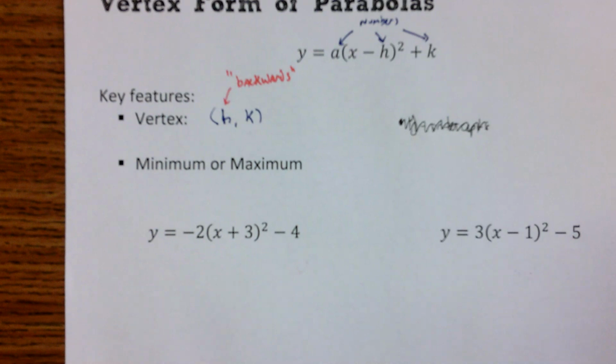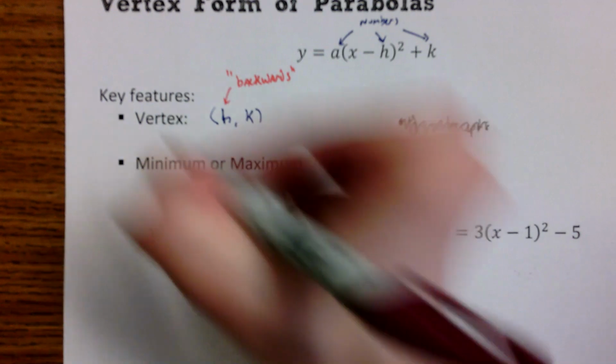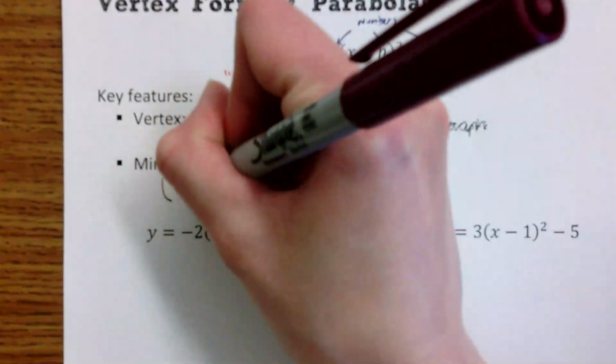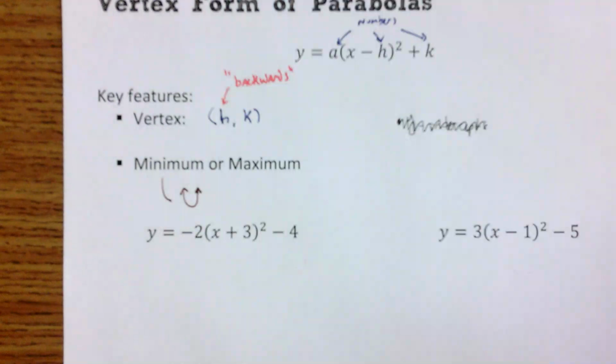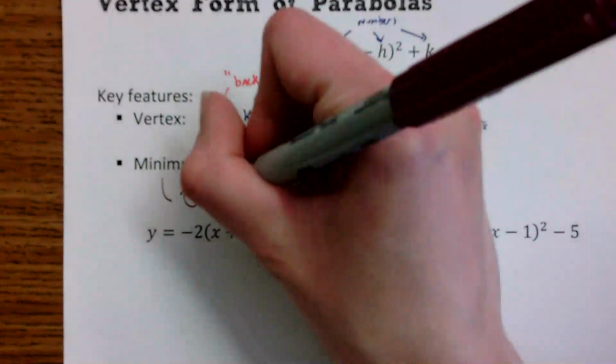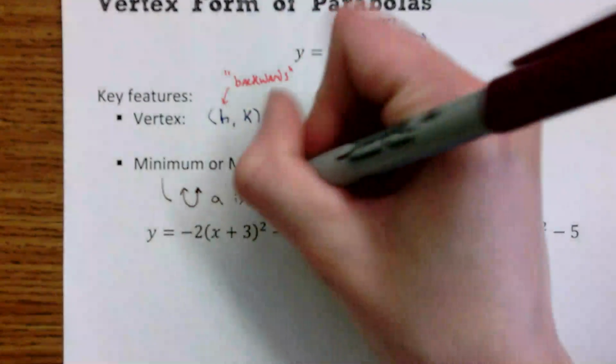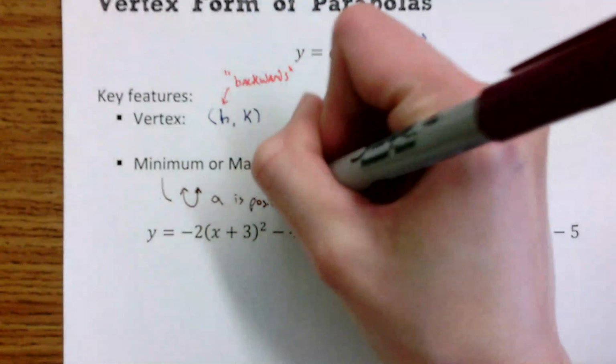Now, the other thing that you can tell is whether your graph is going to have a minimum or a maximum. Your graph has a minimum point, meaning your graph will open like this. And that happens whenever your A number, this guy right here, is positive.